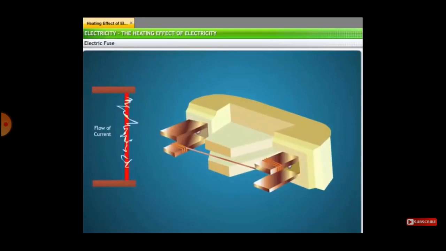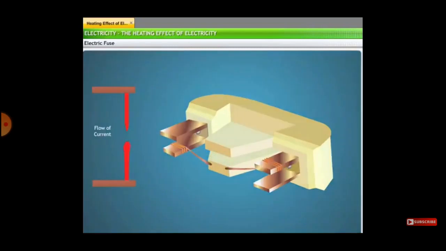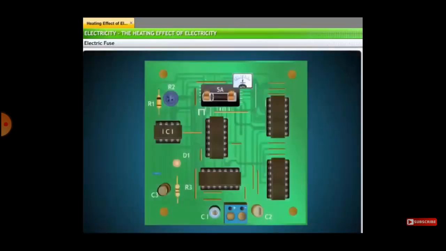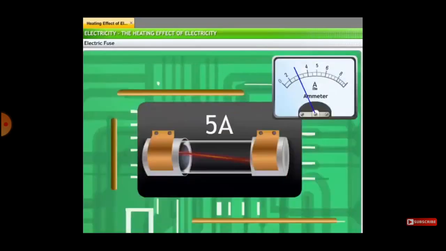When a large amount of current flows through the circuit, it will melt because of the heating effect. So the electric appliances can be saved from the excess current. This is the electric fuse bulb, in which we have a small piece of wire.